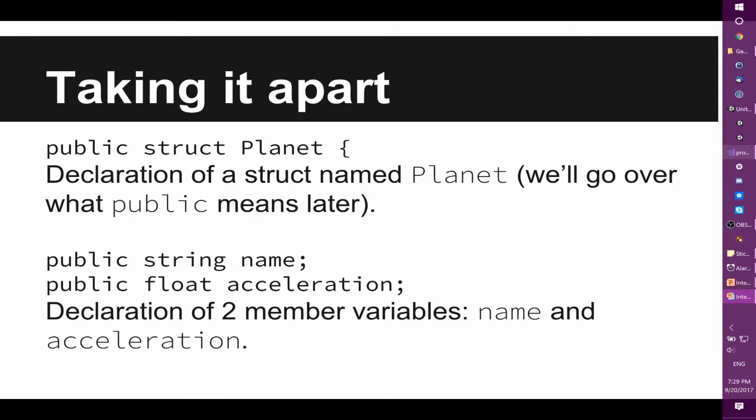We have two more lines that say public string name and public float acceleration. This declares that the planet struct, each instance of variables of the type planet, will have a name and an acceleration variable contained in it. So it's like a variable inception where there's a variable inside a variable already.